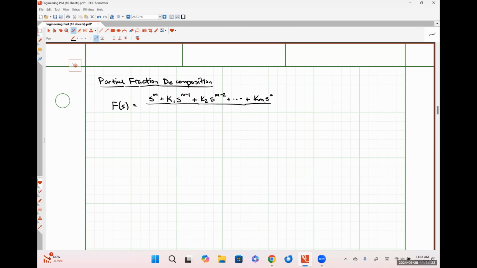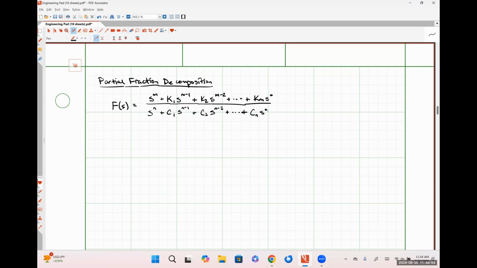Okay. Over a polynomial s to the n plus c1 s to the n minus 1 plus c2 s to the n minus 2, all the way out to some constant term c sub n s to the 0. Okay.